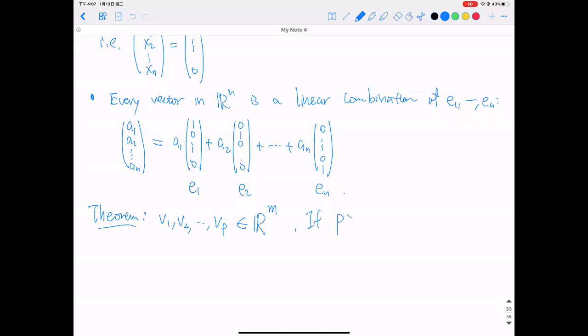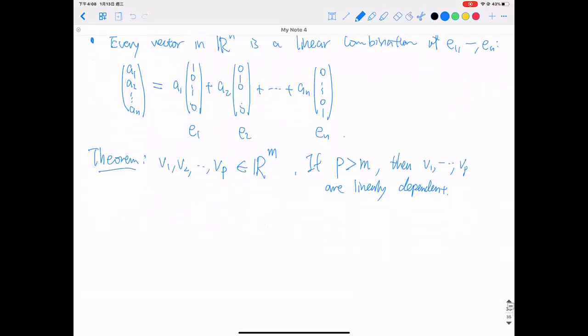If p is bigger than m, then v1 through vp are linearly dependent. That is, if you have too many vectors, then they must be linearly dependent.